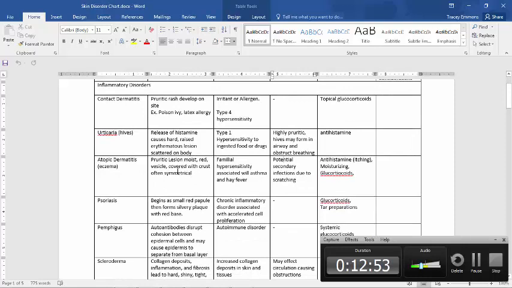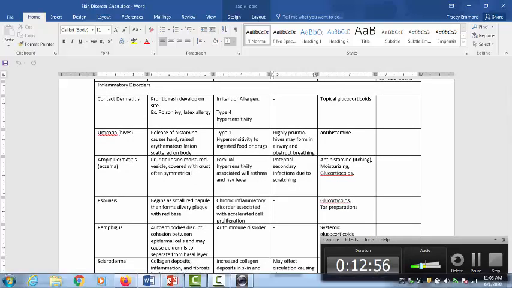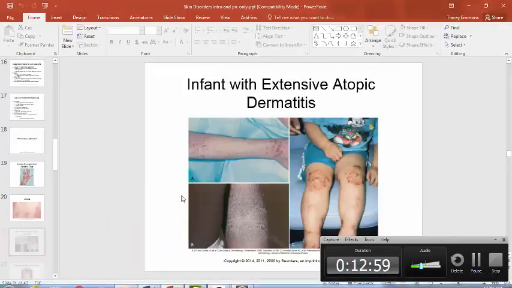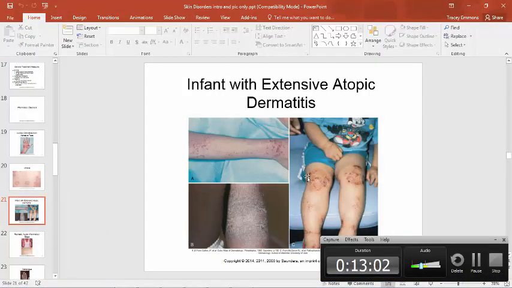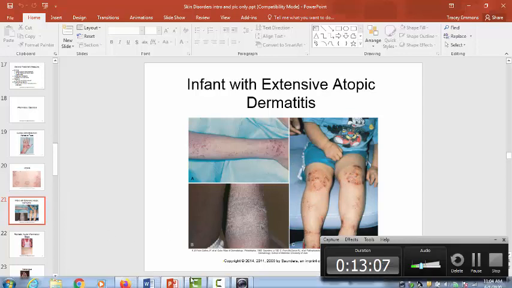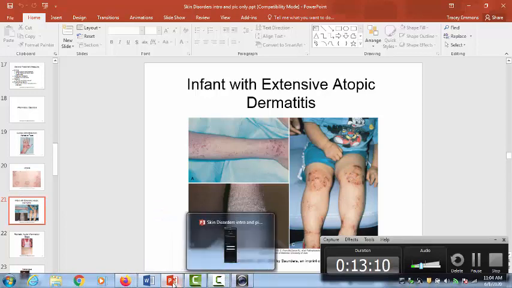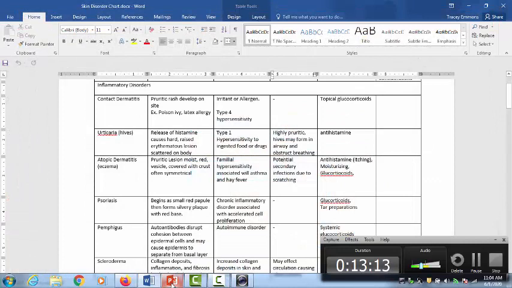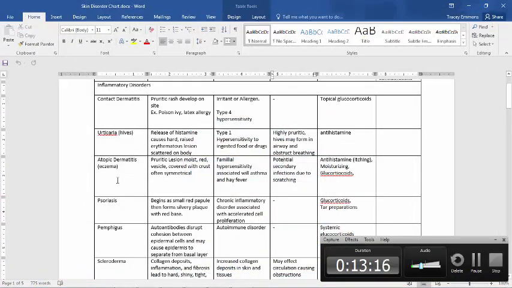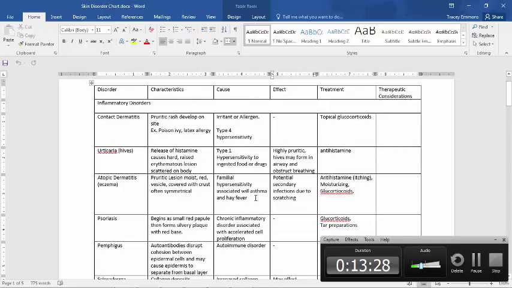Okay, then we have atopic dermatitis, which is eczema. This is a familial disease. You can see it often happens on the joints, like the knees and the wrist. It's called atopic dermatitis, but a common name for it is eczema. We have pruritic lesions: itchy, moist, red vesicles covered with a crust. It's often symmetrical, so if we see it on one side of the body, we see it in the same place on the other. The cause is usually familial hypersensitivity that we see in families.